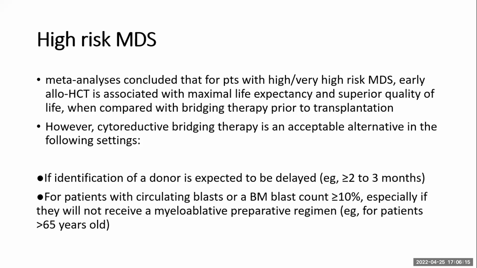So if identification of a donor is expected to be delayed, then you could actually bridge with a cytoreductive therapy or AML-like regimen while it's waiting for the transplant. And for patients with circulating blasts of more than 10%, especially if they will not receive a myeloablative preparative regimen, you can actually employ an AML-like regimen to try to debulk the disease prior to transplanting.